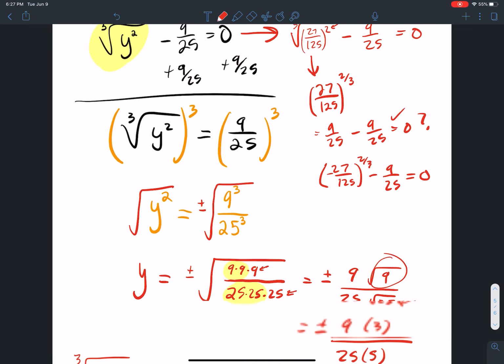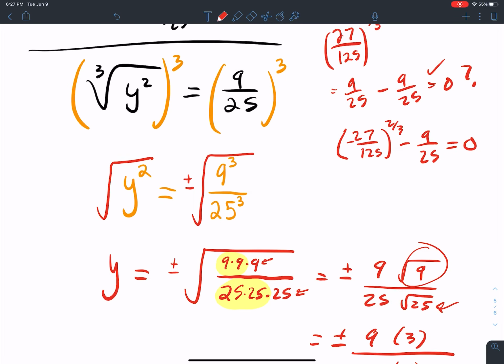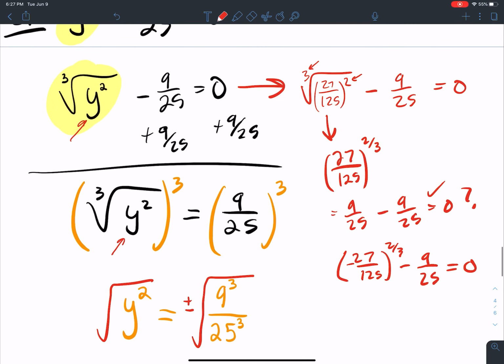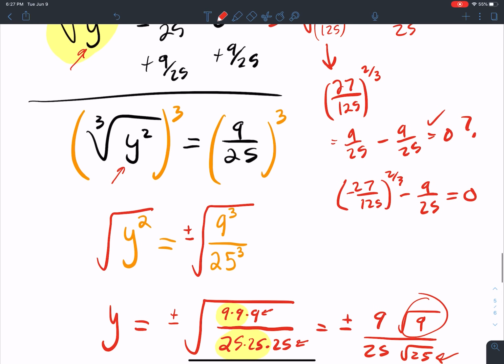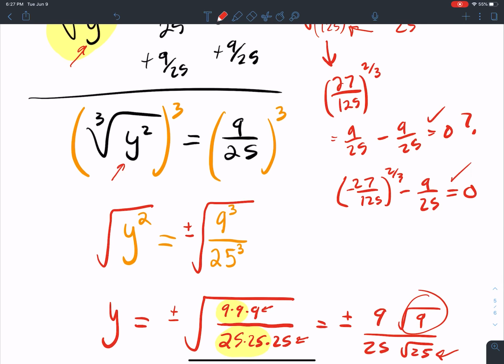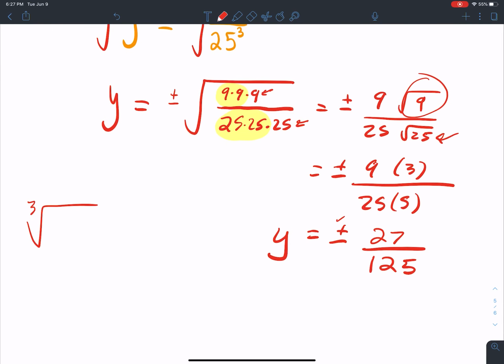Here's the deal, guys. When I square this, the negative becomes positive, so we end up with the same thing as we had before. It turns out that both of those actually do work. So y is equal to the plus and the minus 27 over 125.